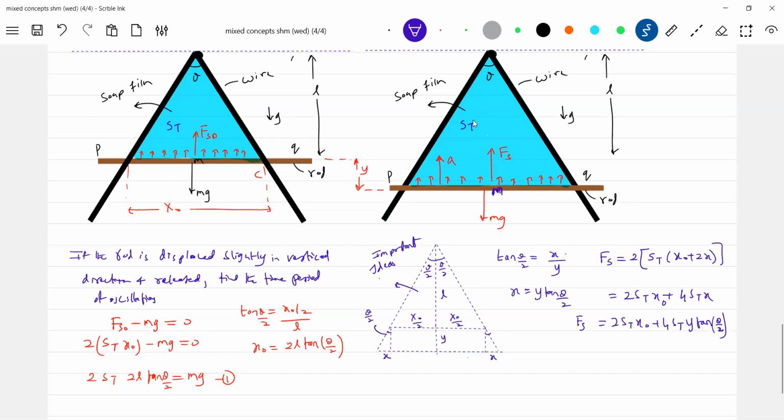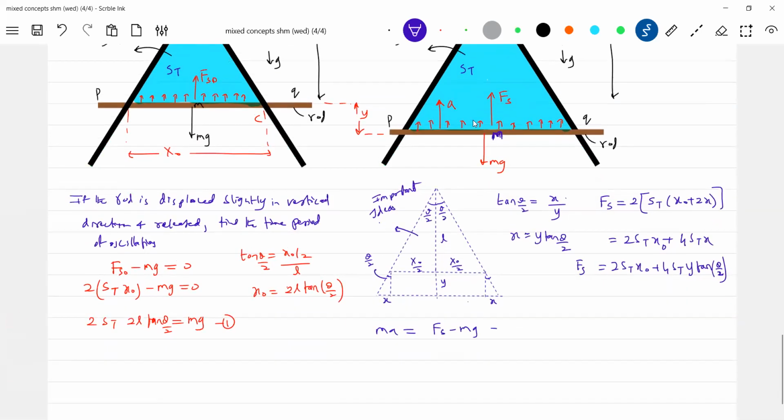What is MA equal to? This MA should be equal to Fs minus mg. So what is Fs? 2STX naught. So earlier from this equation, 2STX naught minus mg should be equal to 0. You can see from here.